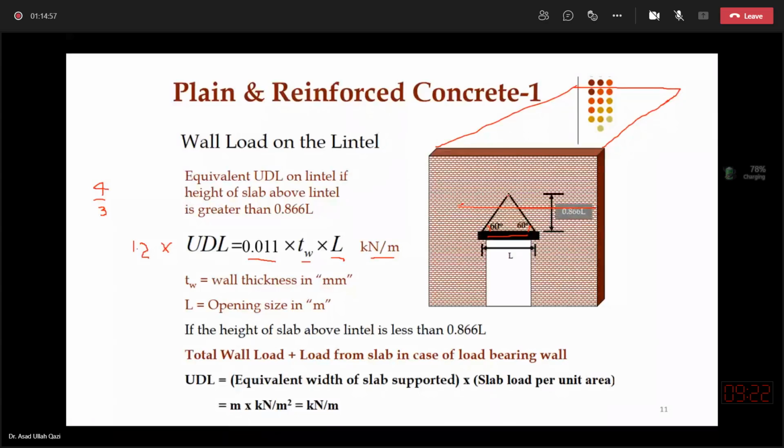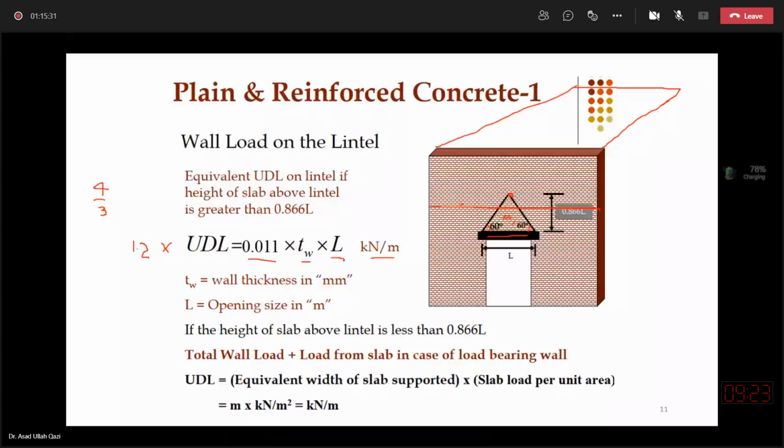So if there are a few courses above and then directly the slab comes and you are unable to get the full triangle before the intersection of the apex with the slab, then the masonry courses plus the slab load, as we earlier calculated for an ordinary beam, will be used to calculate the load on the lintel.